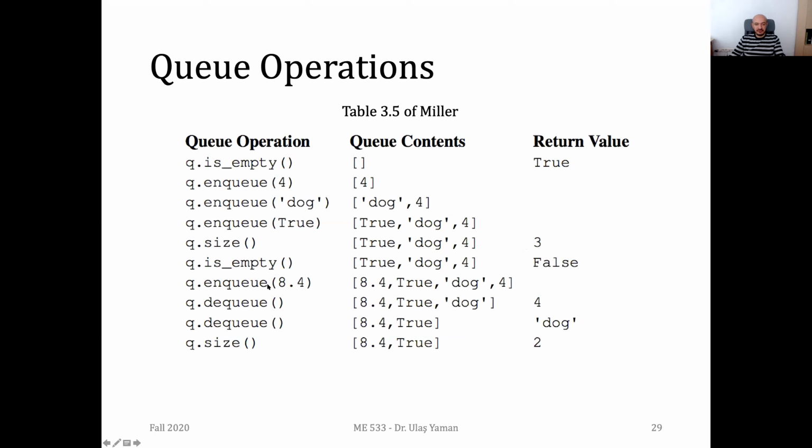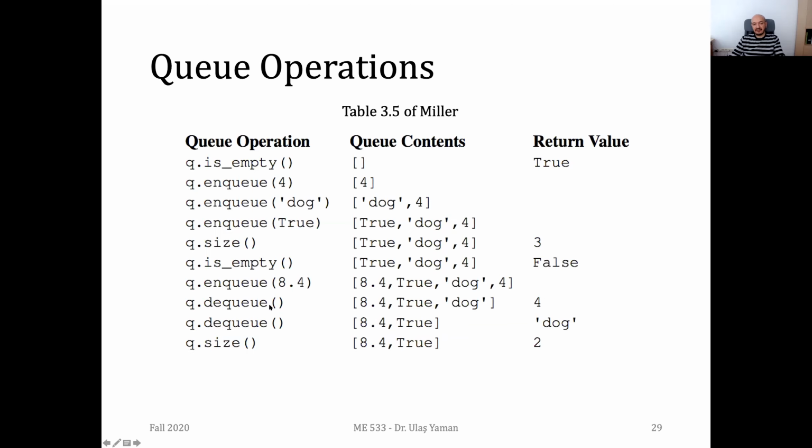And then you continue adding an extra item, 8.4. Now, this is the first time we are using the dequeue operation. As you see, if you remove an item, it will be the oldest item in our queue data structure. So if it was a stack data structure, once you do the pop operation, it will pop 8.4.